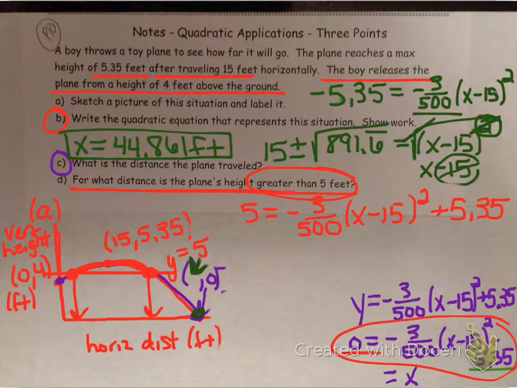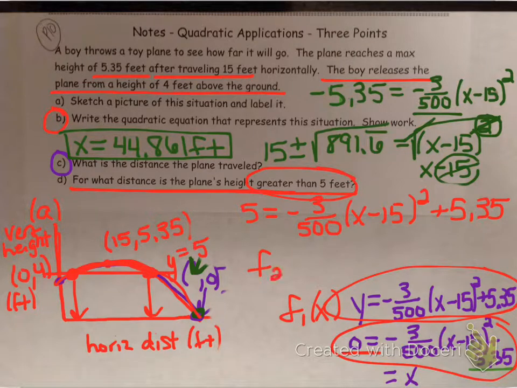But the more common thing for us to ask you to do would be to have your calculator graph this equation. So you put this equation right here, your quadratic, in for function 1. And then you would do function 2 is just your horizontal line at 5. And then you would have your calculator solve for the points of intersection.